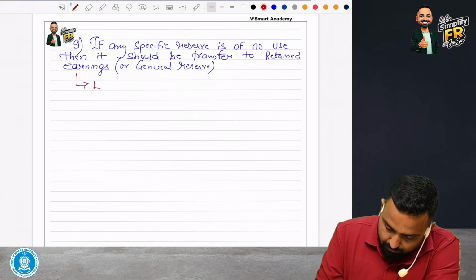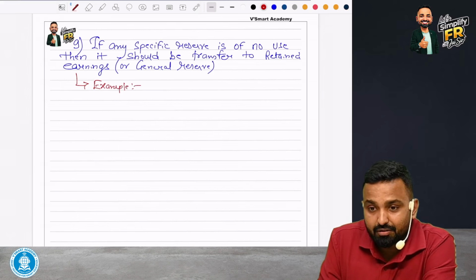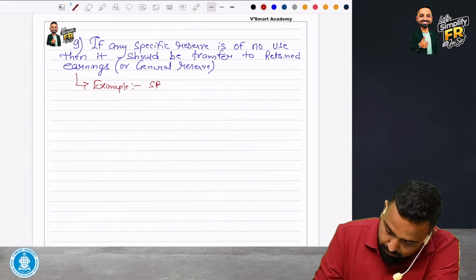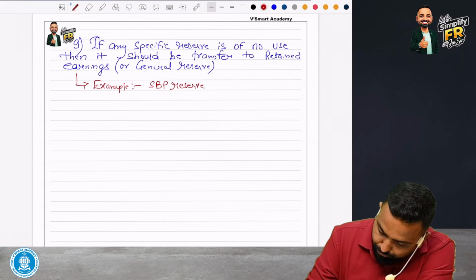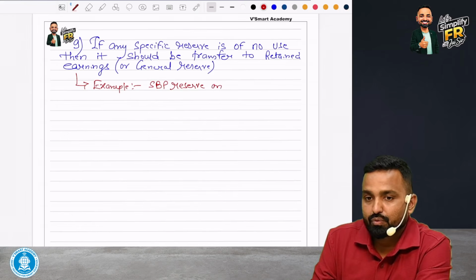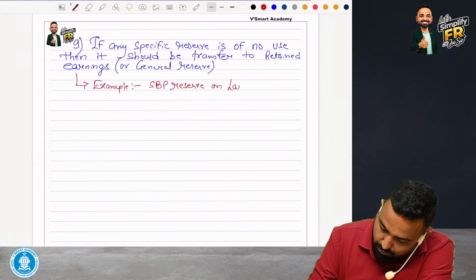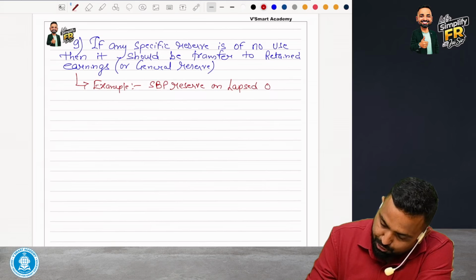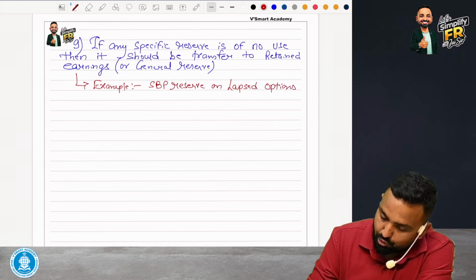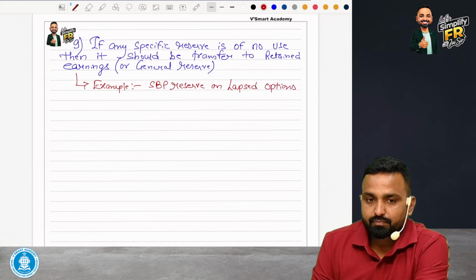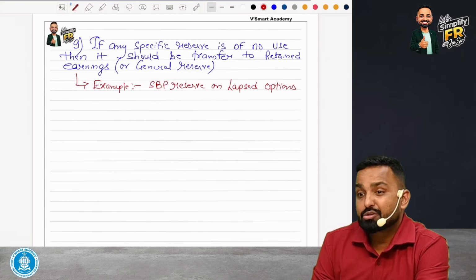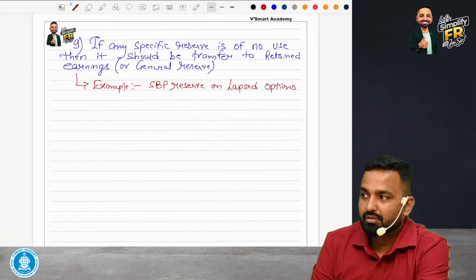Any example? Now we got the example: SBP reserve on lapsed options. You understood lapsed options? In CA Intermediate also, you understood this thing.